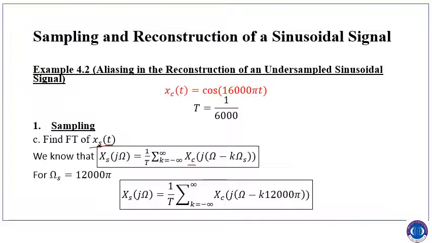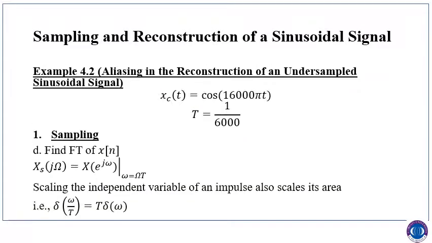We get copies of Xc(j omega) at multiples of the sampling frequency, and these are scaled by 1 by T. So substituting the value of omega s, we get 1 by T, summation k equals minus infinity to infinity, of copies of Xc(j omega) at multiples of 12,000 pi. So here the sampling frequency is 12,000 pi, as in the previous example. The only thing is that here the frequency of the signal is 16,000 pi.